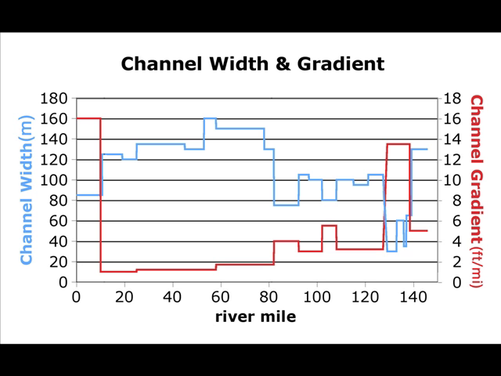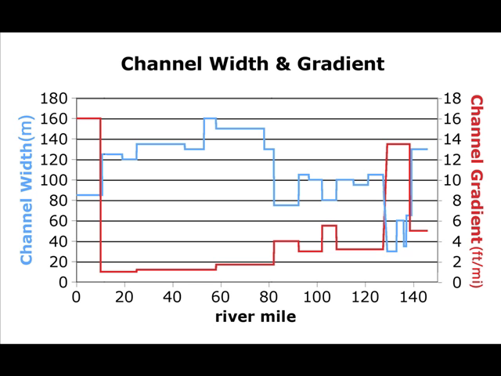You can see the variation in channel gradient, which is, although a little bit stylized here, quite abrupt and highly variable as it changes all the way down through the system. And we've also placed here the channel width, and you can see, of course, that there's a very nice inverse relationship between river gradient and channel width. It's kind of a no-brainer.